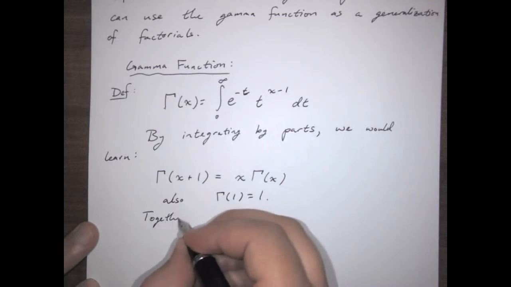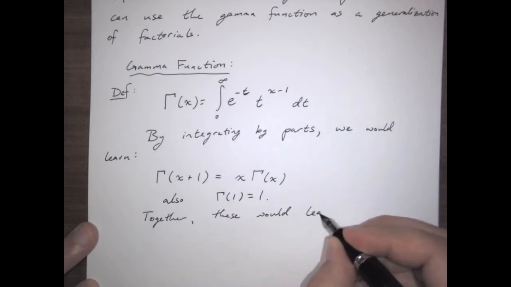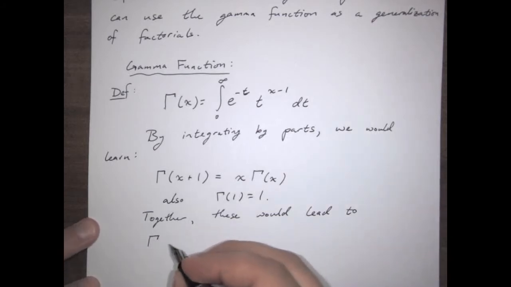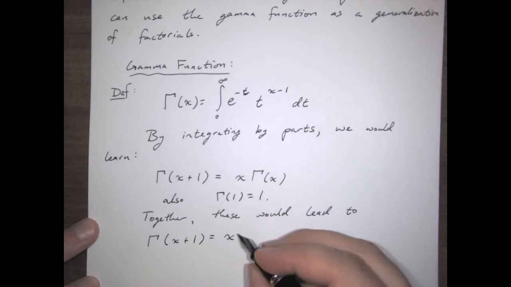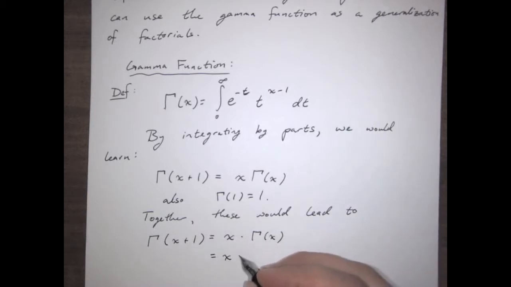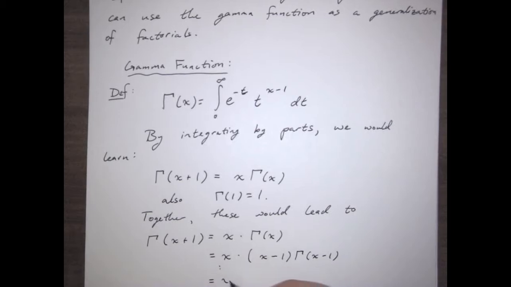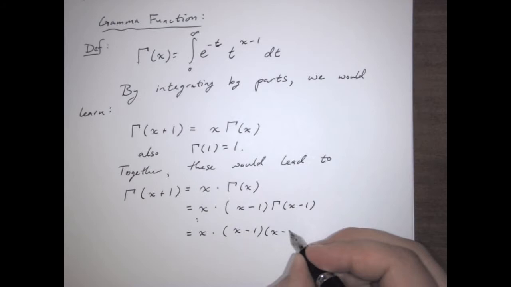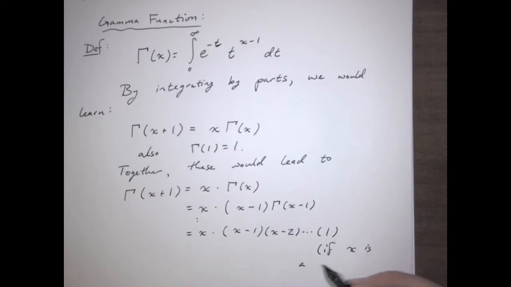Together, these would lead to gamma of x plus 1 is equal to x times gamma of x, which will be x times, then we just basically repeat the process moving down one step, x minus 1 times gamma of x minus 1, and so on, dot dot dot, until we get down to x minus 2, dot dot dot, down to 1, and this is if x is a positive integer.